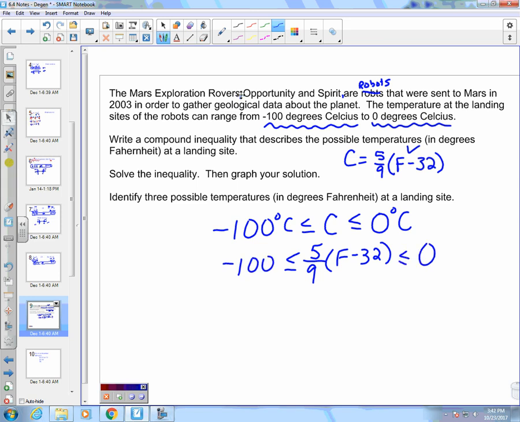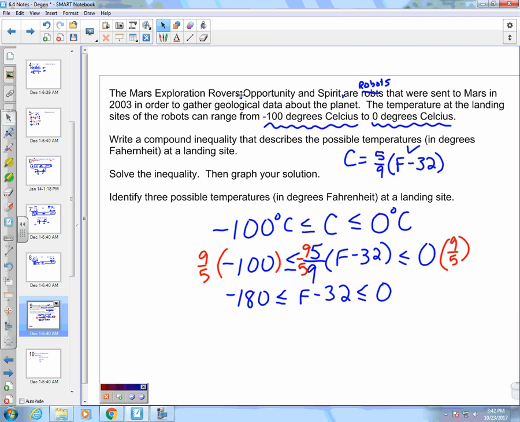And the first thing that we have to do is get rid of that 5/9, which means let's multiply by 9/5 on all three sections. And when we do that, 5 divides into 100 20 times, 20 times 9 gives us a negative 180, less than or equal to F minus 32, because the 5/9 and the 9/5 cancel, less than or equal to 0.